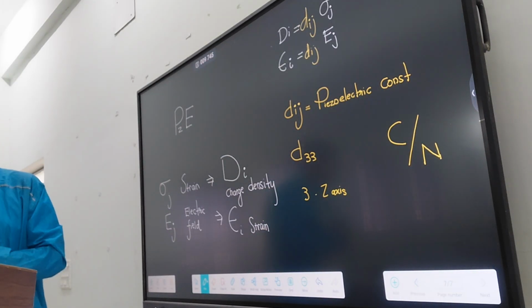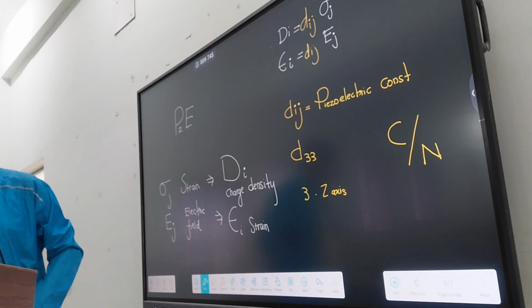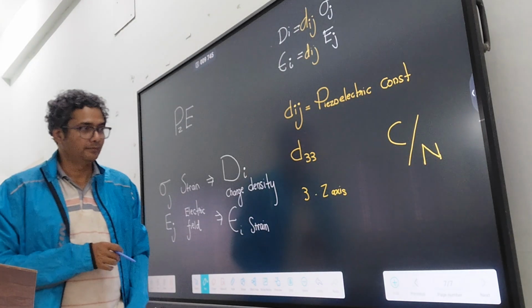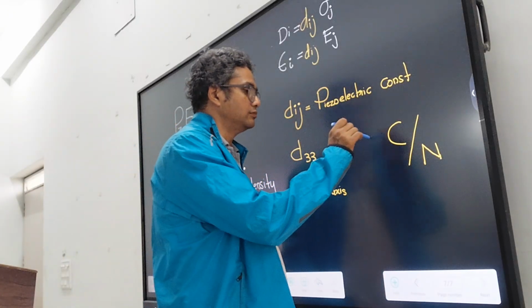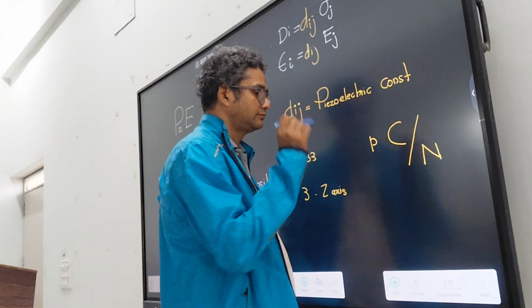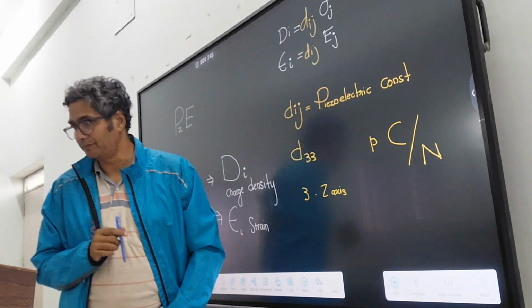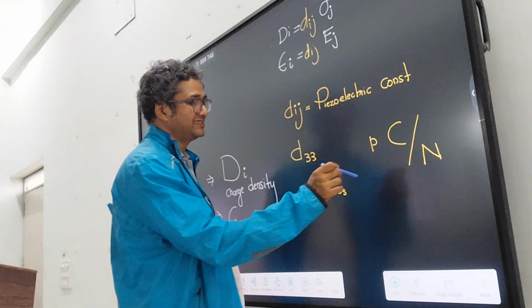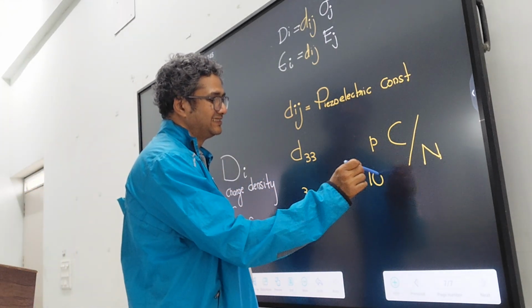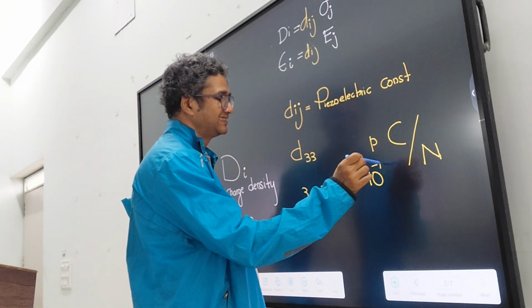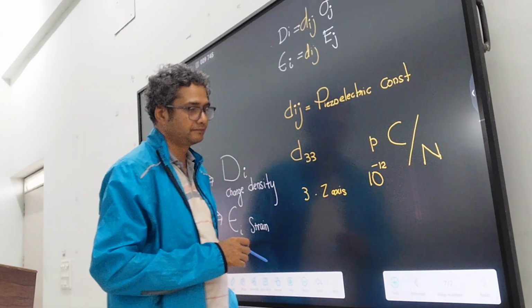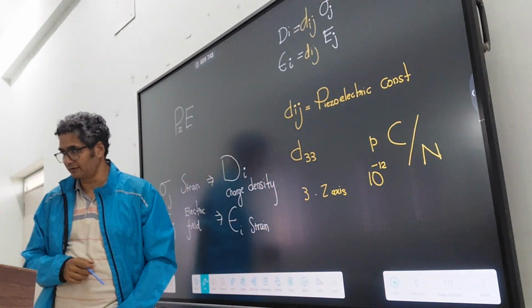Basically, it is pico coulomb, a very small quantity. Pico is 10 to the power minus 12. The coefficient is in this range.